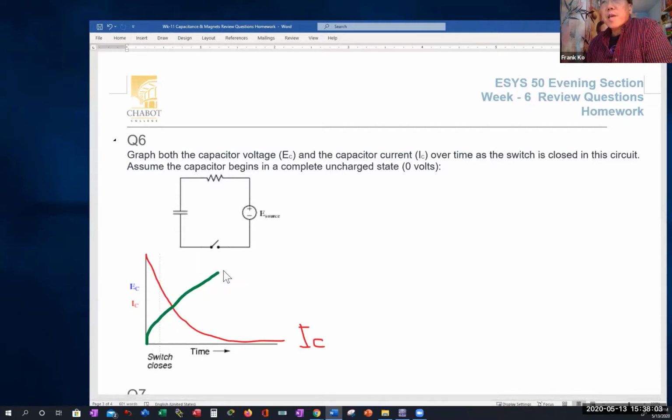Oh, this is a sad drawing. It's hard to do with the mouse. So this will be your VC. Okay, so it starts at 0 and ends up at max.